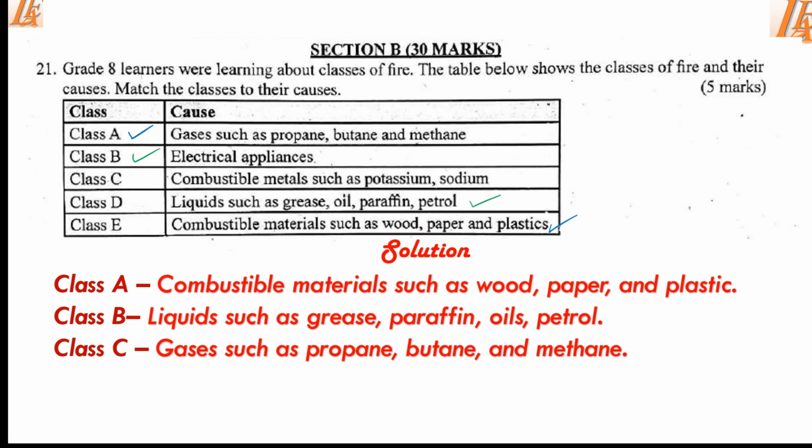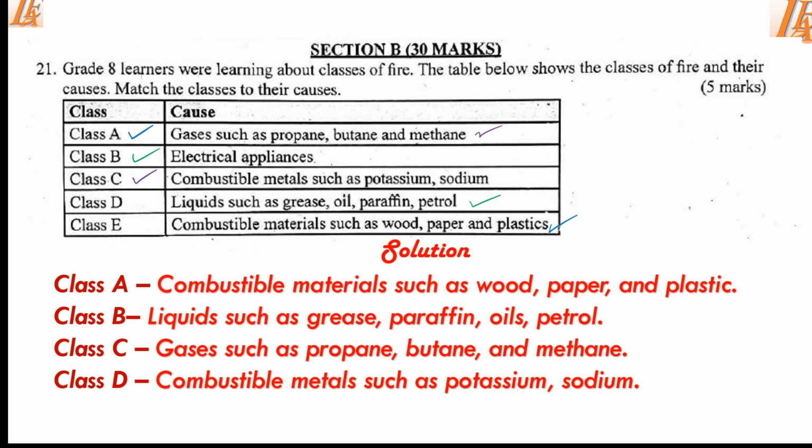So class C is caused by gases such as propane, butane, and methane. Then we have class D fires, which are caused by combustible metals such as potassium and sodium.